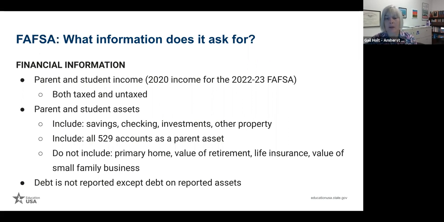Along with the profile, it does not include any value of qualified retirement accounts or life insurance. And families that own their own small business, that would not be reported on the FAFSA. That is reported on the profile. And consumer debt is not considered on the FAFSA, but if there is debt specifically on assets that are being reported, then that would be considered.